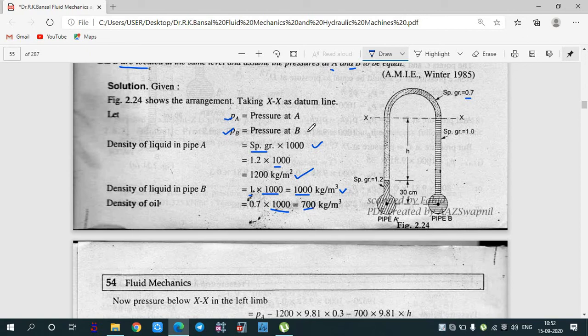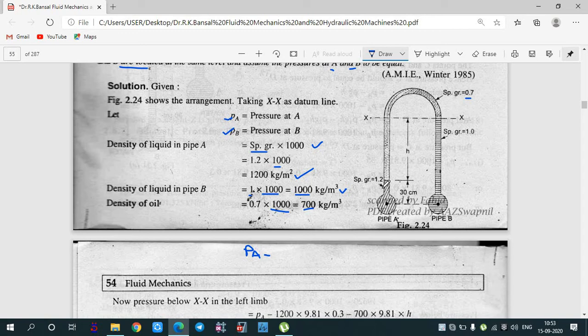Okay, then we will apply the pressure in the left limb. So as you know, some pressure will be created in this limb, so this will be PA, and since this is an inverted manometer, it is going upward, it will be negative. So the first liquid, as you know, the pressure formula is rho g h.